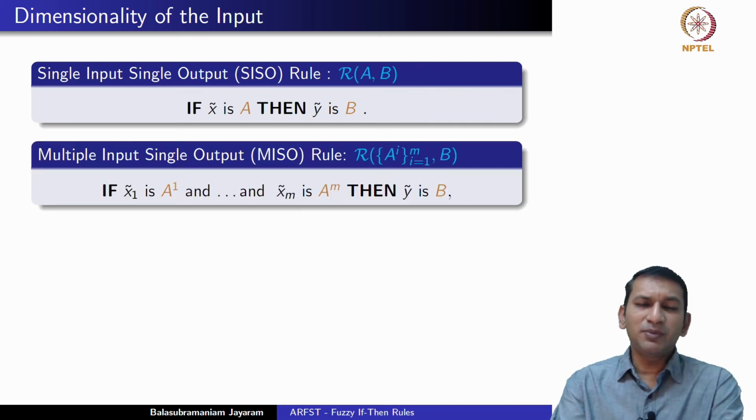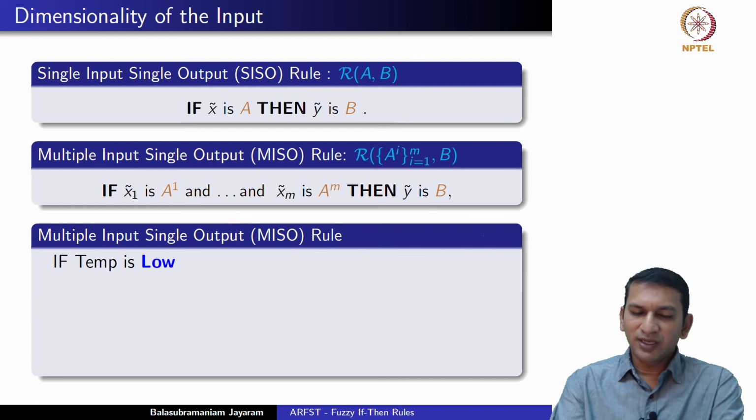You could also have multiple input, single output rules. That means if X1 tilde is A1 and X2 tilde is A2, so on and so forth, till Xm tilde is Am, then Y tilde is B. So essentially you see here there are M different inputs. So the dimensionality of the input is M. Let's look at an example.